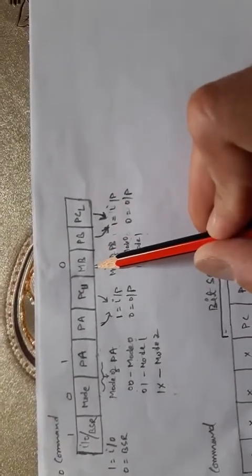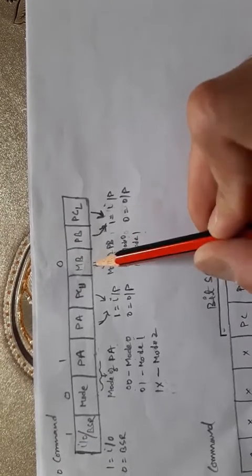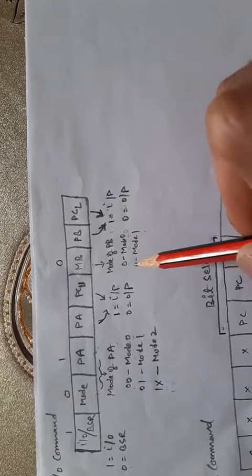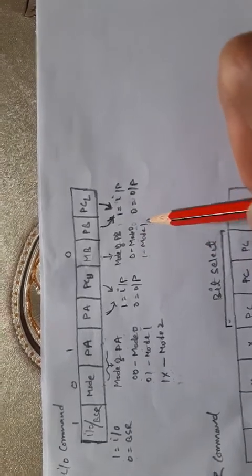The same thing is applicable to port B, because port B can work in two modes, mode 0 and mode 1. So we require only one bit to decide. If this bit is 0, then port B will work in mode 0, and if this bit is 1, then port B works in mode 1.